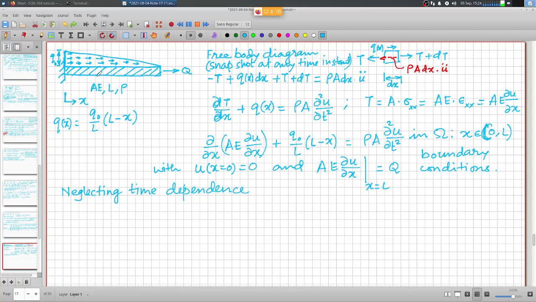We are not yet discussing finite element so far. We have not even started with finite element anywhere so far. Right? It is a simple analytical model of a rod of length L, uniform axial rigidity, subjected to some surface traction and some end load.